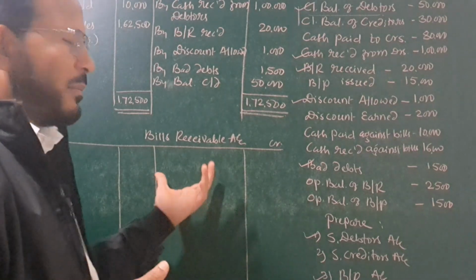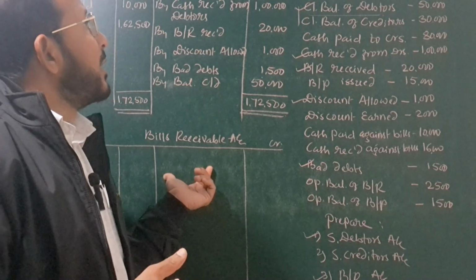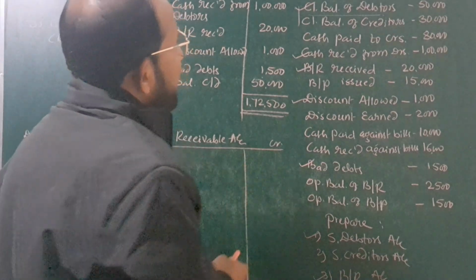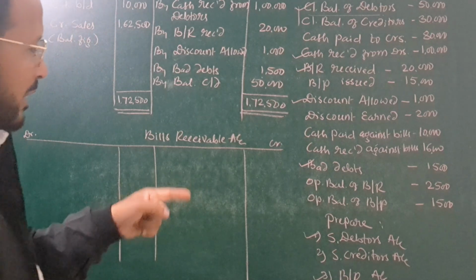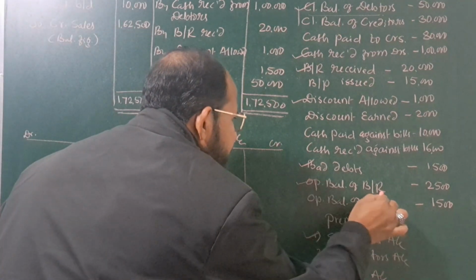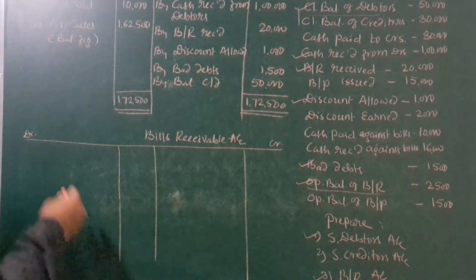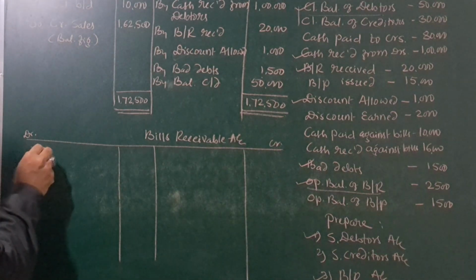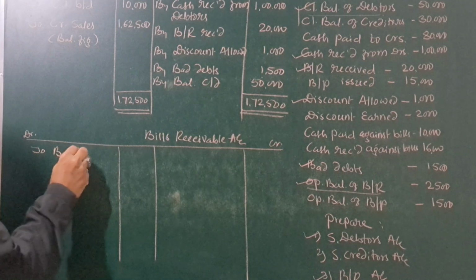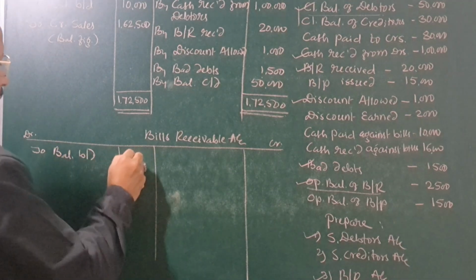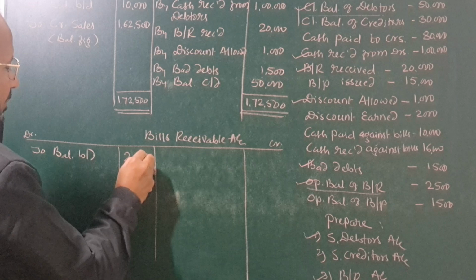Now we have to prepare bills receivable account. Here opening balance of bills receivables is also given in the problem. It is an item of asset, hence it shows debit balance. On the debit side we have to write by balance brought down, rupees how much? 2,500.